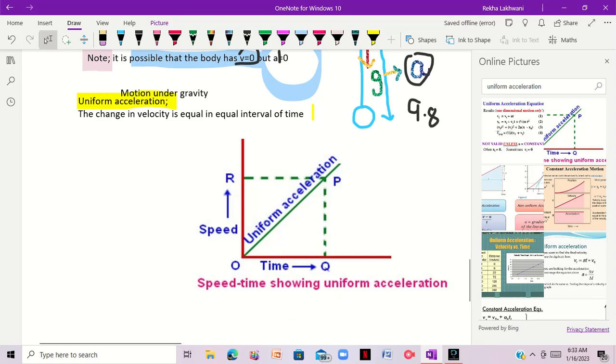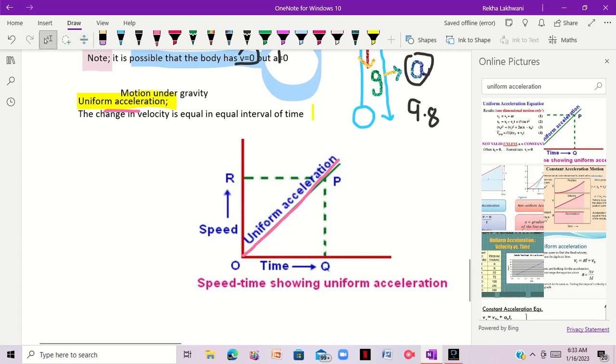As you can see over here, we have the graph of this uniform acceleration, which is basically a straight graph as there is an equal change in velocity in equal interval of time. So this is basically the graph of uniform acceleration, right?